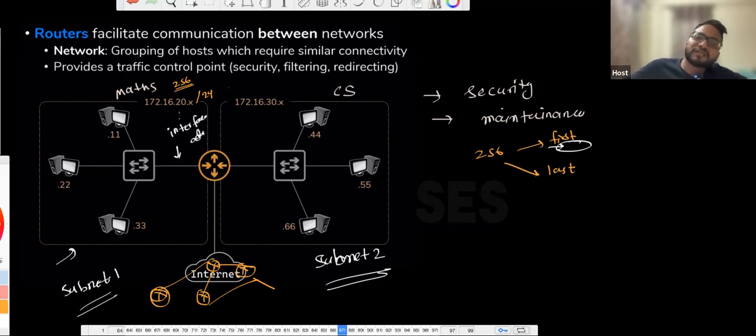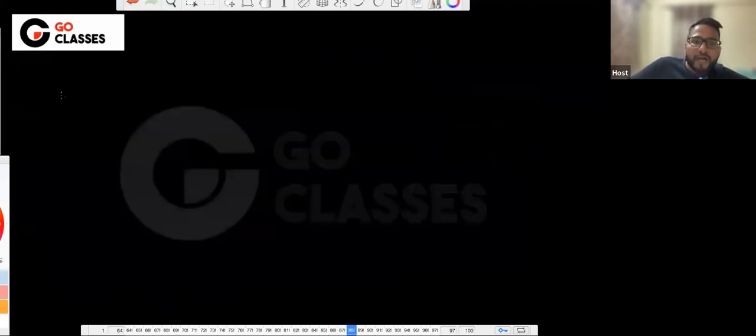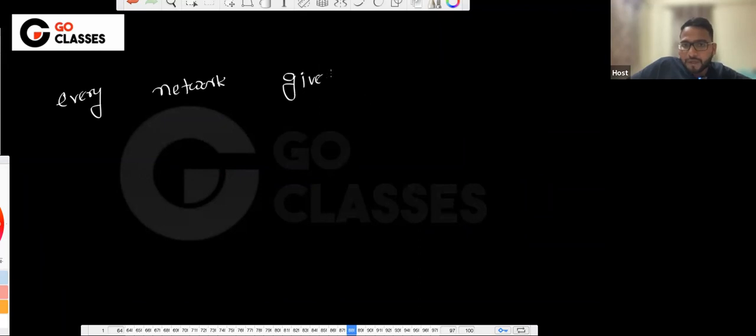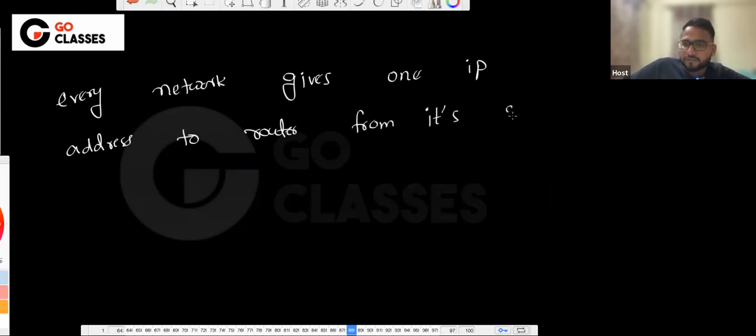So basically, this network just gives one IP address to this router, from its own set of IP addresses. So this network will give just one IP address. So let me write here. Every network gives one IP address to the router from its set of addresses.